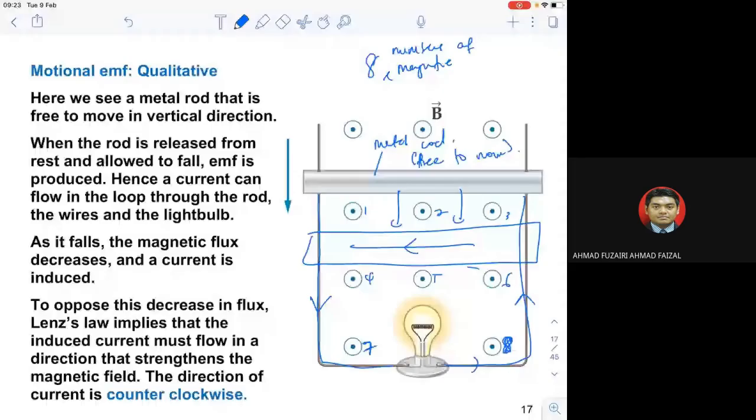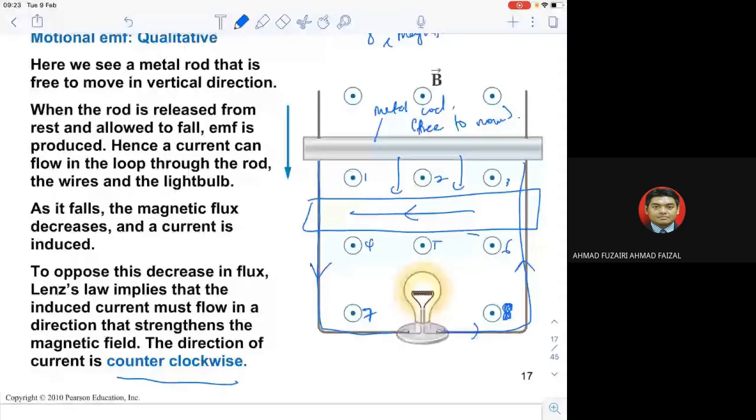So to oppose the decrease in flux, Lenz law implies that the induced current must flow in the direction that strengthens the magnetic field. The direction of current is counterclockwise. So that's why it is very important to understand Lenz law in order to get the direction of the induced current.